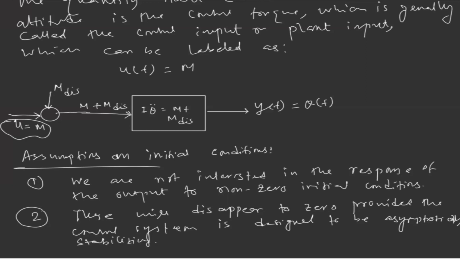So this is another reason: even if we have a non-zero initial condition, it will go to zero if the control is asymptotically stabilizing.